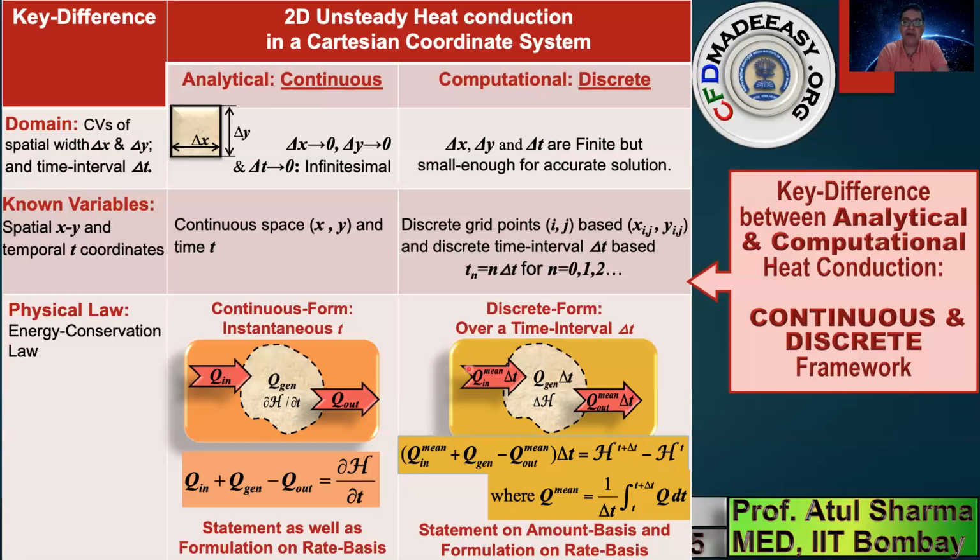So I am borrowing the statement of the energy conservation law from thermodynamics. However, while formulating, I am using a symbol which corresponds to rate of heat transfer, introduced in heat transfer, not in thermodynamics. So I'm considering both and giving you an expression for the rate of heat transfer as a function of enthalpy. This is the starting point from which we will derive our algebraic formulation using physical law based finite volume.